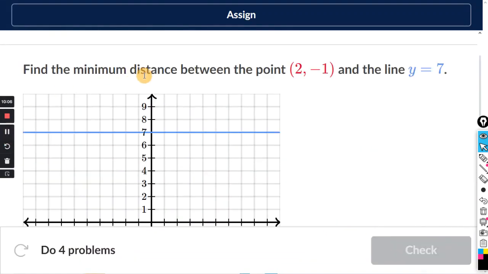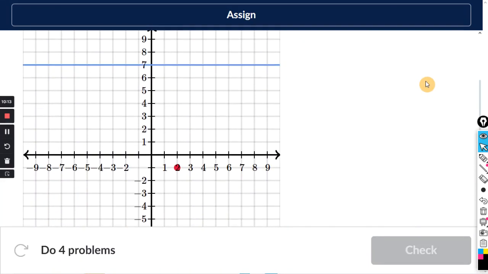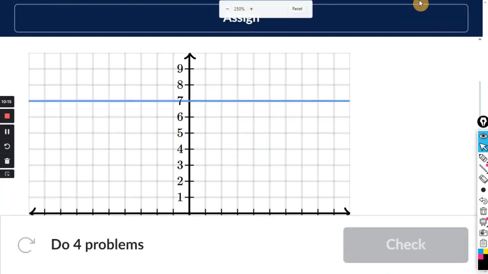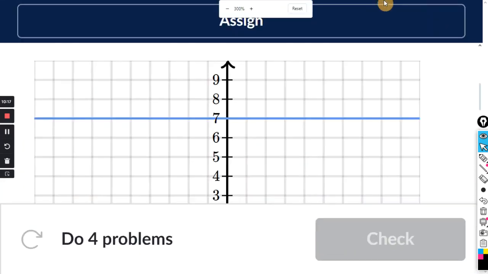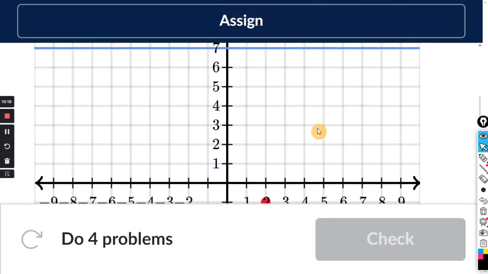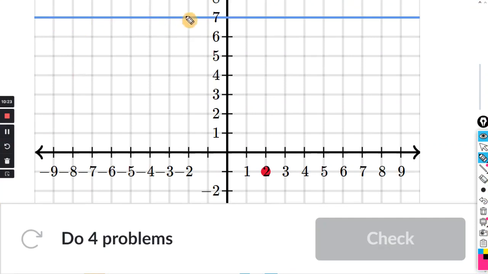Find the minimum distance between the point 2, negative 1, and the line y equals 7. If you get one with a horizontal or vertical line, you can see right here we have a horizontal line that goes through y equals 7.